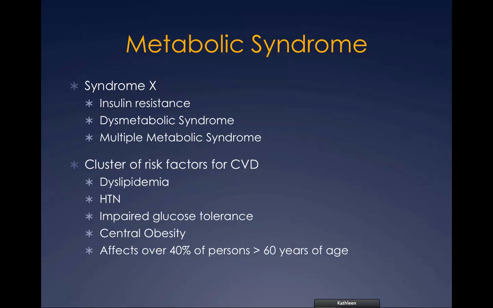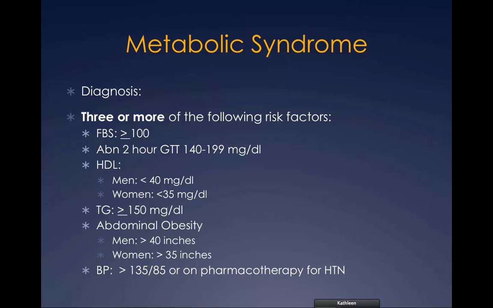So what happens is that insulin-resistant individuals are unable to secrete enough insulin to compensate for the defect in insulin action. And this was the first clinical syndrome identified as being related to insulin resistance. 3 or more of the following risk factors: fasting blood sugar greater than 100, abnormal 2-hour glucose tolerance test, 140 to 199, HDL men less than 40, women less than 35, triglycerides greater than 150, abdominal obesity, men greater than 40 inches, women greater than 35, blood pressure 135 over 85 or on pharmacotherapy for hypertension.